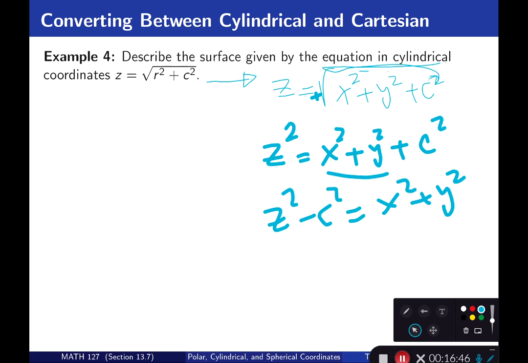Which one is it? Since for some z values there's no x and y value, it's a hyperboloid of two sheets.